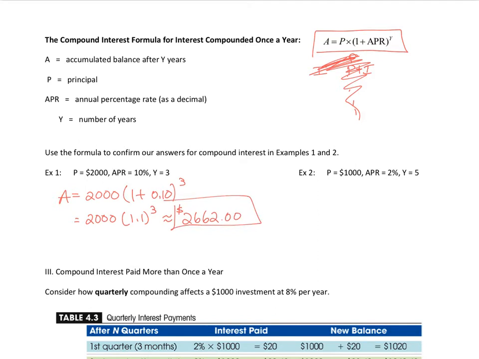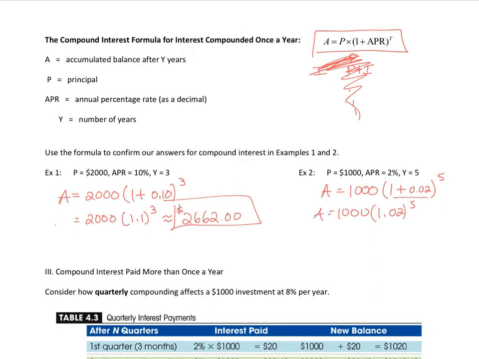And then we can do the same thing for the second one. I can write that A, the accumulated amount, is the original investment or the principal times 1 plus 0.02 to the fifth power. I can combine everything in this set of parentheses, 1,000 times 1.02 to the fifth power.